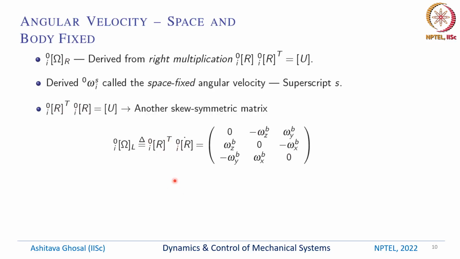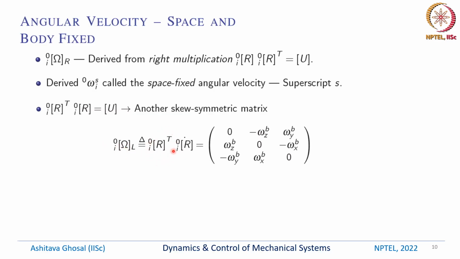If you think about it, it is not very hard. This is called left multiplication because we are pre-multiplying the rotation matrix to the left, and the skew-symmetric matrix that we will get from left multiplication and taking the time derivative of this equation is called 0I omega L.